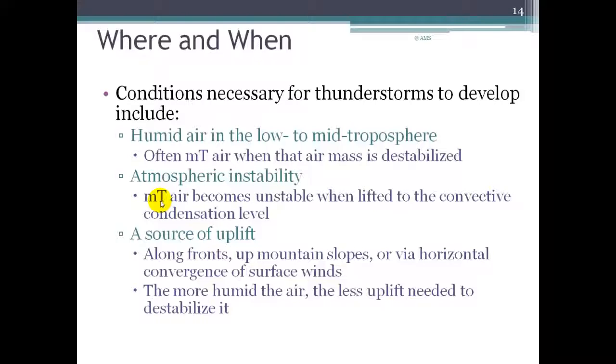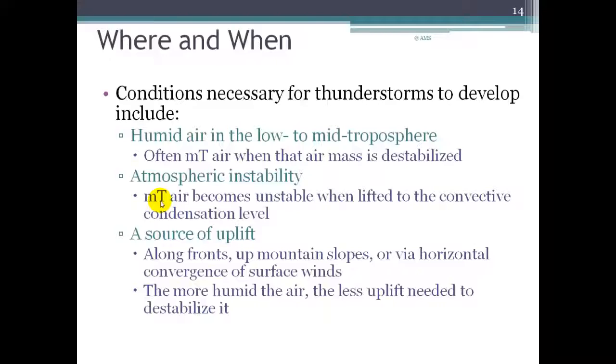Thunderstorms happen anytime conditions are ripe. So what are those conditions? One of them is humid air in the low to mid troposphere. Oftentimes this is maritime tropical air mass, a moist tropical air mass that causes the atmosphere to become destabilized. So that warm, moist air sitting underneath relatively cooler air aloft causes instability and convection to happen.